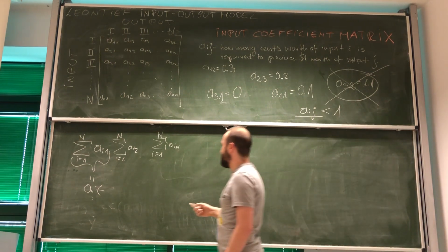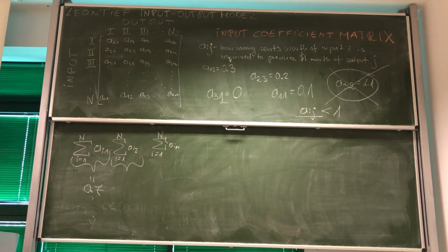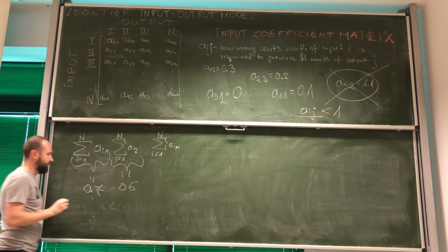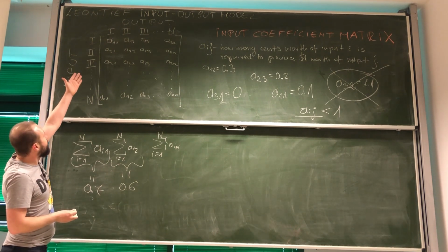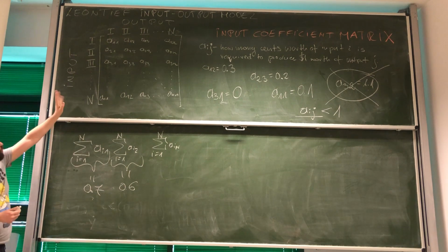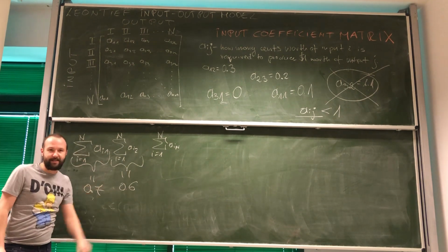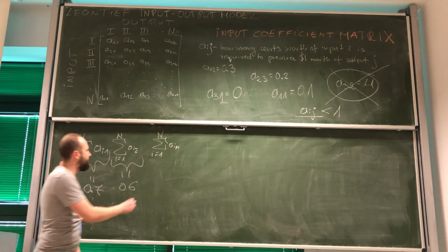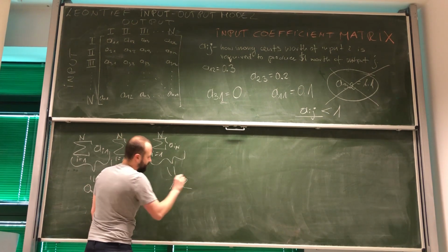Okay, now if the sum of this column would be 0.6, we would have a similar interpretation. In order to produce $1 worth of good 2, we need to spend 60 cents on intermediate inputs. And how about if this would be equal to 1.2?